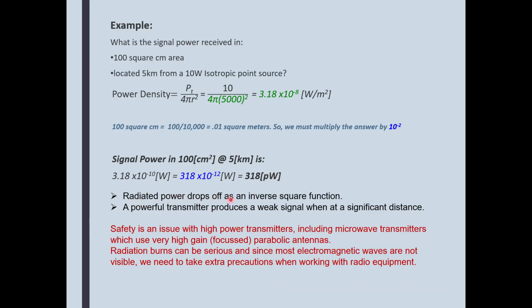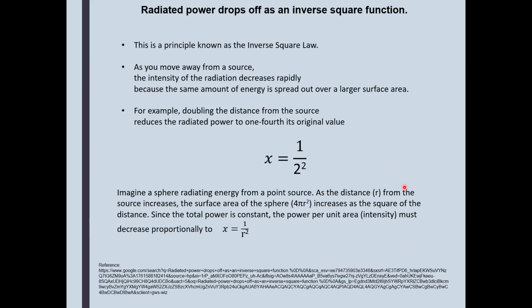So, when we said this here, radiated power drops off as an inverse square function. I saw that in the original presentation, and I thought we should add something, because just having that one line, throwing it at you and moving to the next slide, I don't think it's fair.